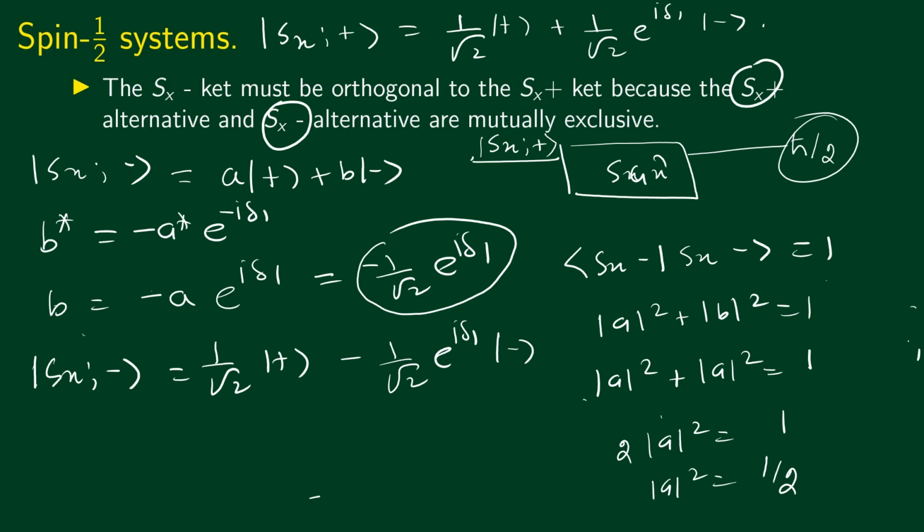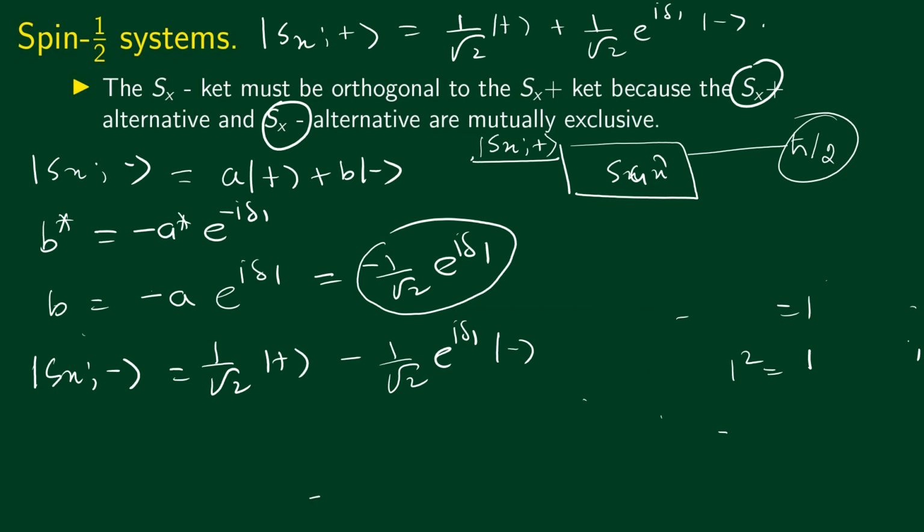What we have done so far is just find ket Sx plus and ket Sx minus. To find them, we looked at the experimentally measured probabilities, equated them with the theoretically predicted probabilities, and then used some freedom to write ket Sx plus and ket Sx minus in this form.